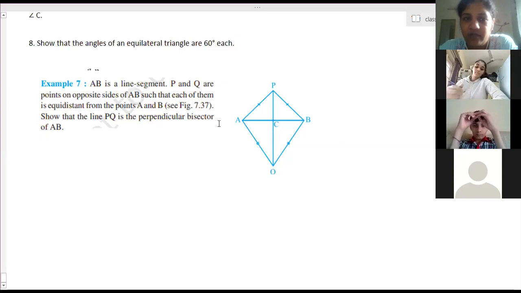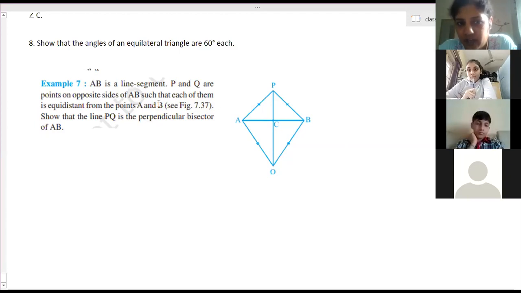Now here what they have given. AB is a line segment. P and Q are points on opposite sides of AB such that each of them is equidistant from the points A and B. So P's distances from A and B are equal, that means AP and PB are equal. Equidistant means at equal distance.